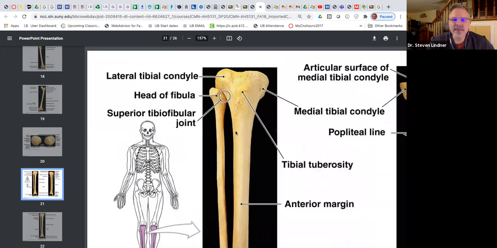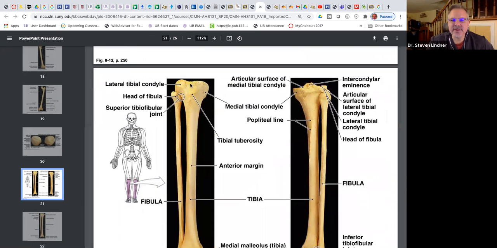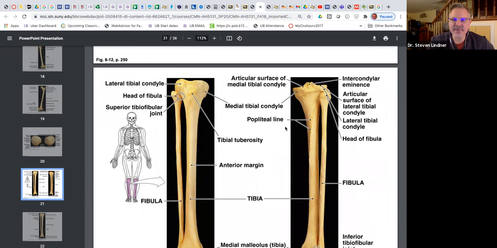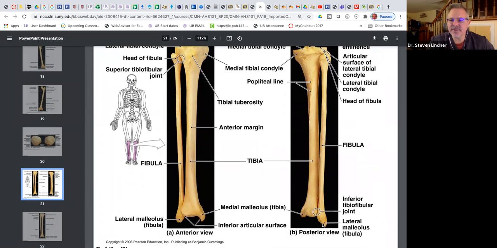So pay close attention. You see that the tibia is higher because it articulates with the femur. But if we look distally, notice that the fibula descends further distally than does the tibia. These two landmarks are important.